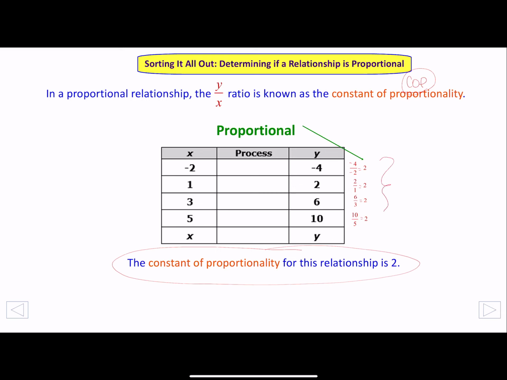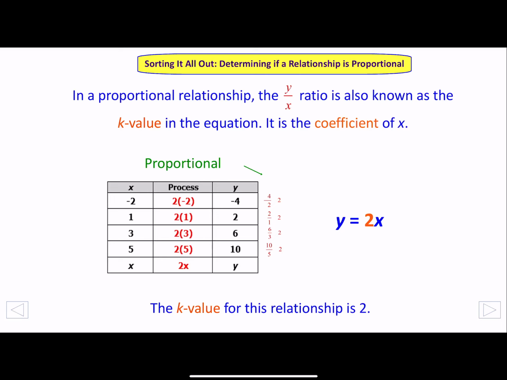So the constant of proportionality will be 2. Okay, all of this is the constant of proportionality. So that's the same. Remember, it has to be the same number, and it's only going off of the y over x ratio, okay?